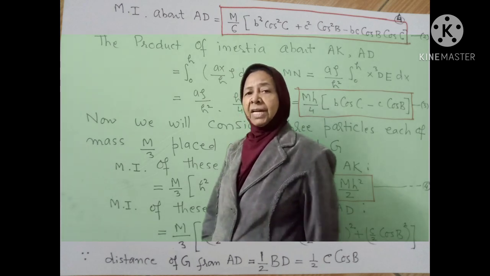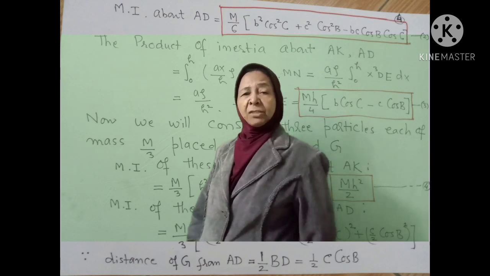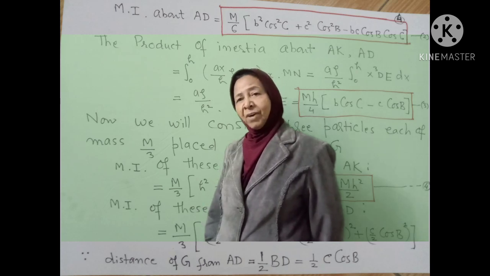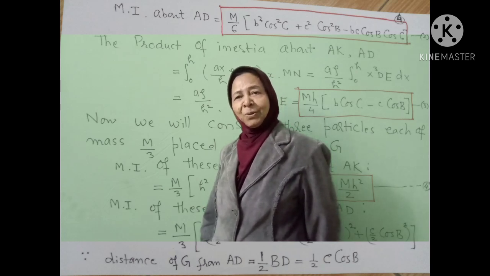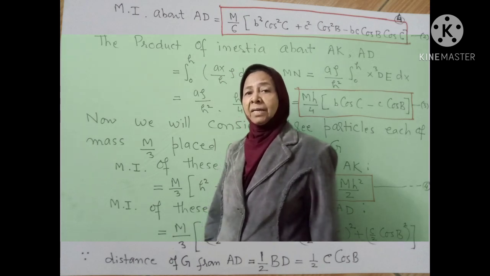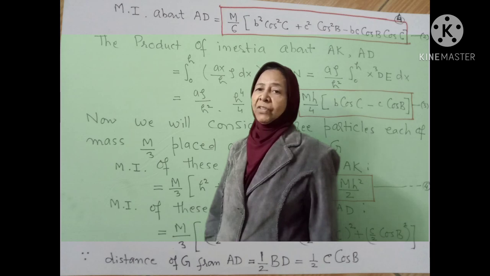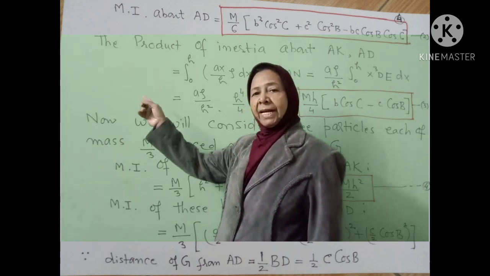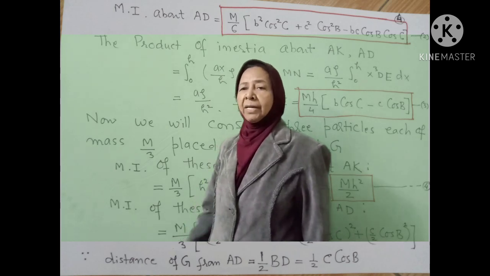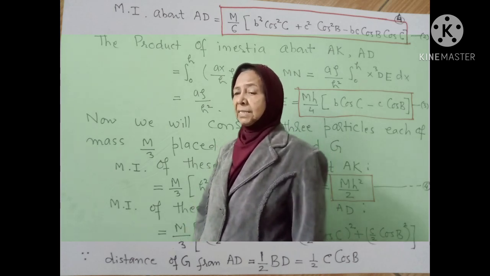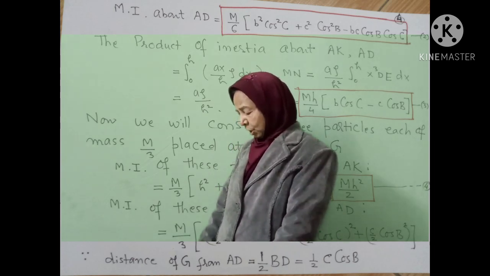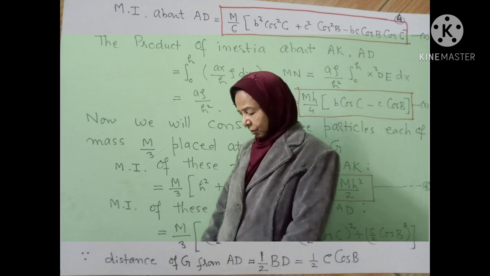Now product of inertia is summation of mxy, isn't it? Now what is x, what is y, that is known to you. So you can calculate the product of inertia of the triangular lamina about AK, AD as I did, and you can transform the distances in terms of small abc and capital ABC, so you will get the result 3.